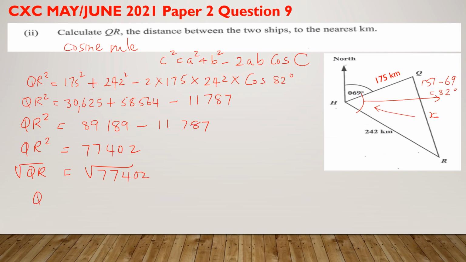Therefore, QR is equal to the square root of 77,402. And that is, to the nearest kilometer, 278 kilometers. Okay, so that means that this length here, I'll use a different color, is 278 kilometers.